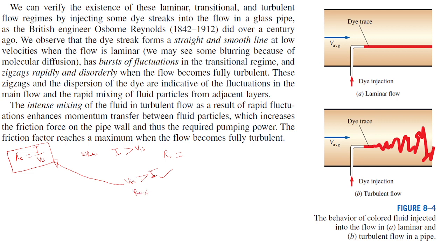If this is Re2 and this is Re1, sorry, in this case, if viscosity is more than this, your Reynolds number in case 2 will be less compared to Re1. Re1 Reynolds number will be more.